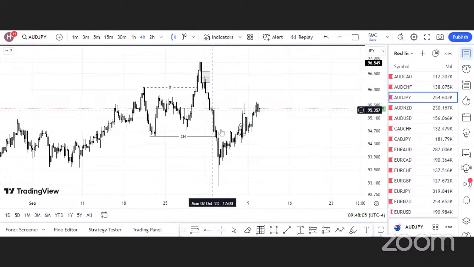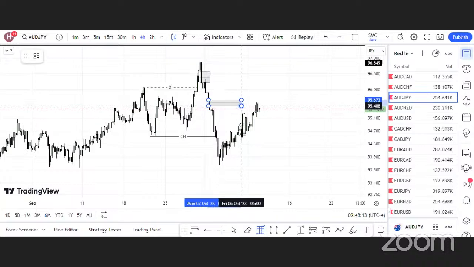So we have this next fair value gap here.